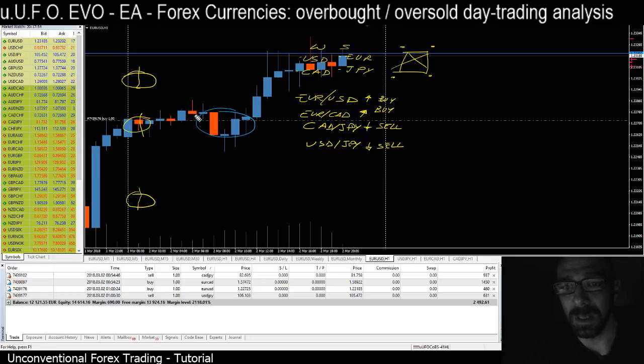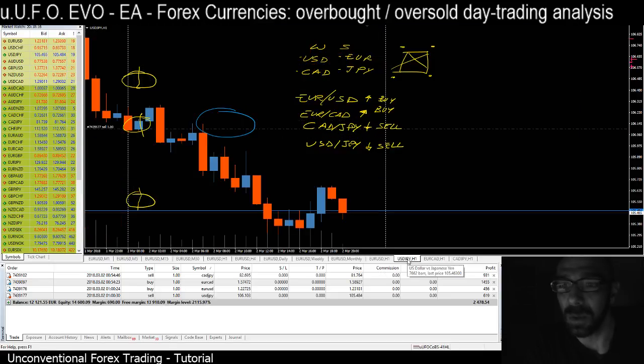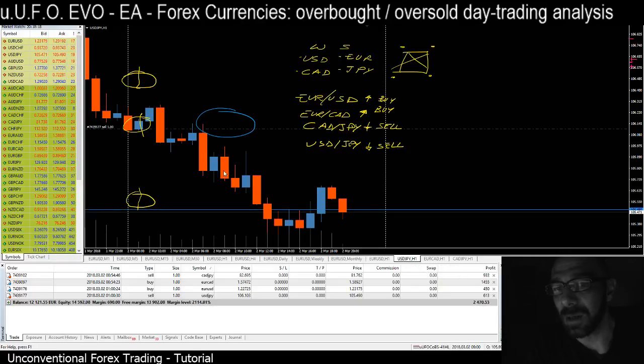Let's say that around this area I was long in Euro USD, and if I would have traded only USD, I would have had a quite significant drawdown. At the same moment, let's see what was going on in the USD yen. USD yen was in profit around this area, so they were compensating.